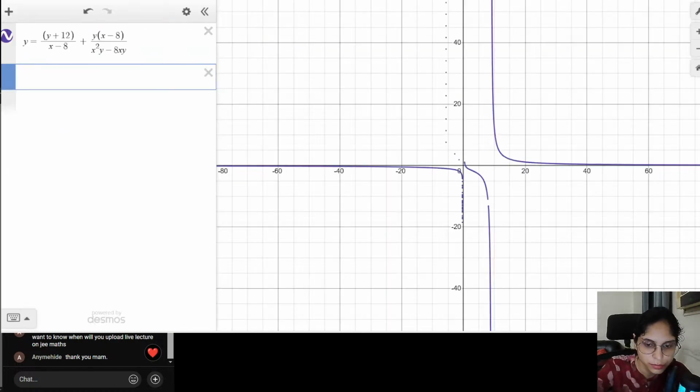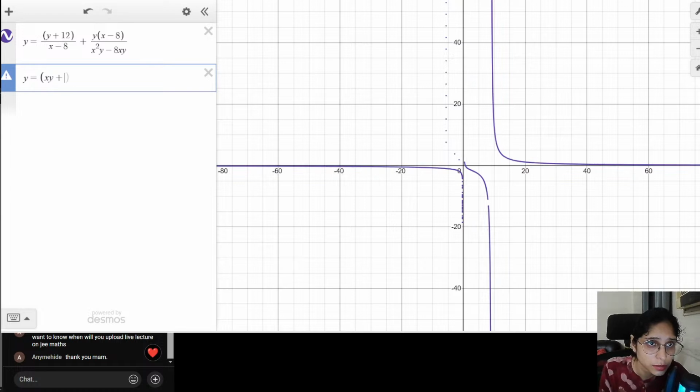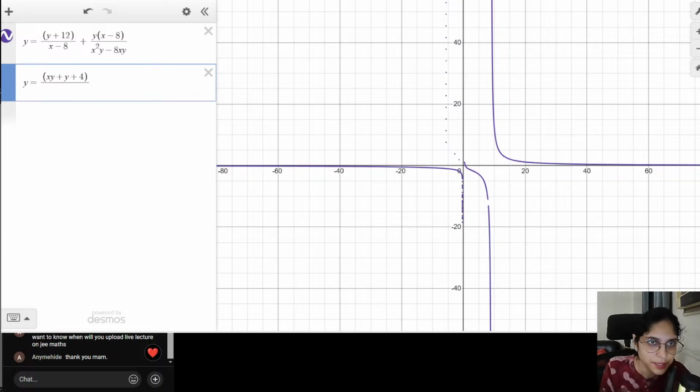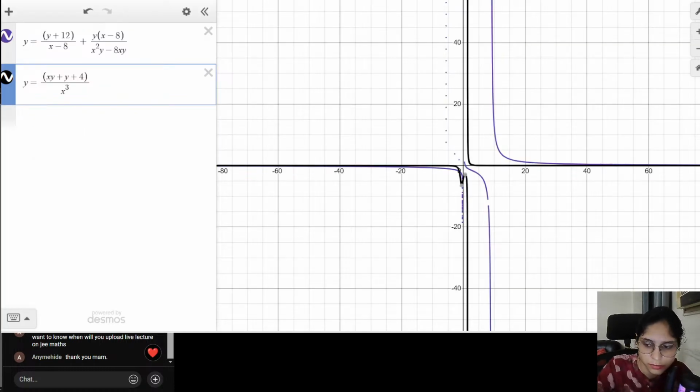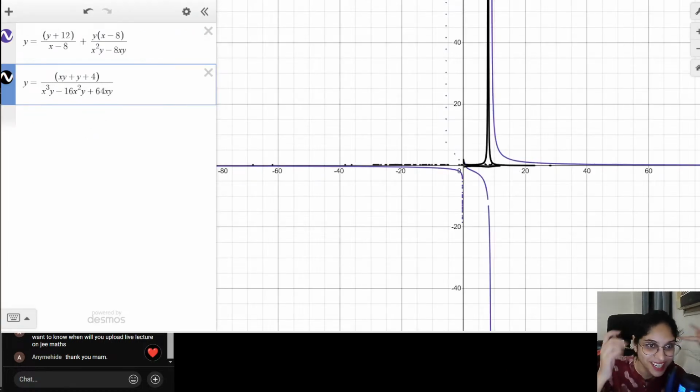Y is equal to xy plus y plus 4 divided by x cubed y minus 16x squared y plus 64xy. Oh my god. I would have solved the question by now. Yeah, so these are not matching, so this is not the correct option.